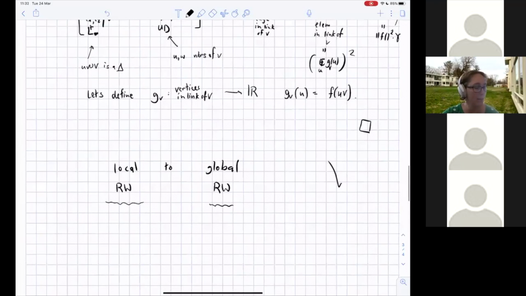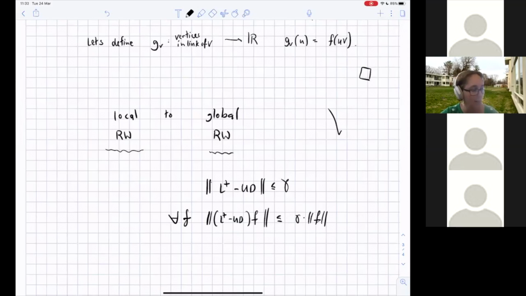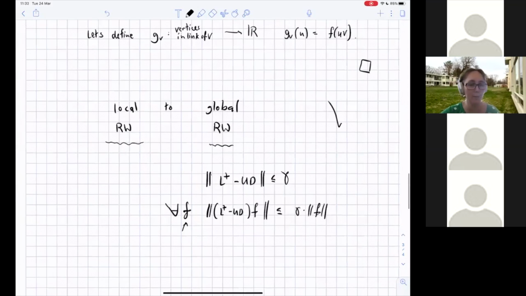But really, when you have a bound on the spectral norm, you're saying that the norm of L plus minus UD of f is itself small, smaller than the norm of f, for every f. This is what the definition means. So now you can choose your f's carefully. Basically, for every link, you choose f that is supported only on this link. Oh, okay, I see. And then you can prove it. So it's not really as strong as it sounds. Anyway, this is how you prove it. Okay.